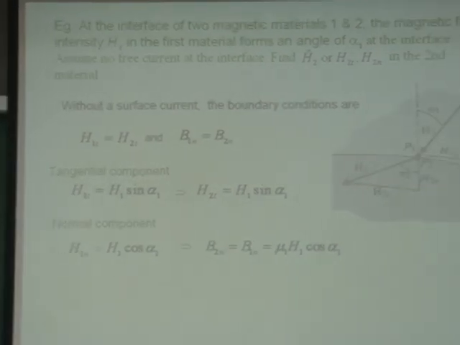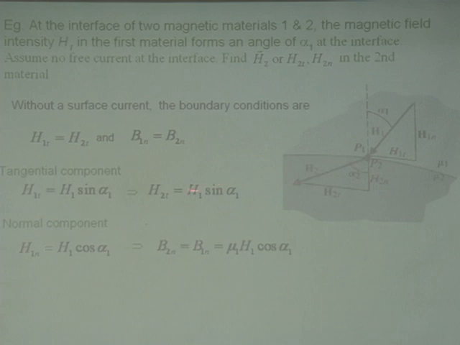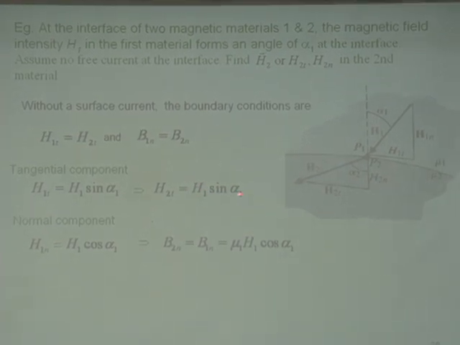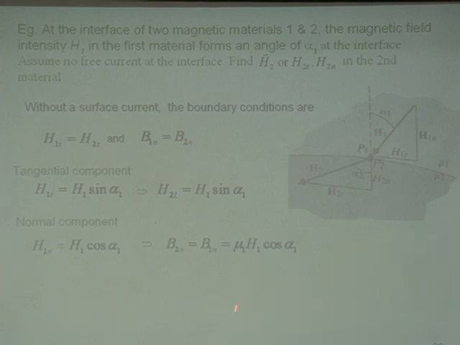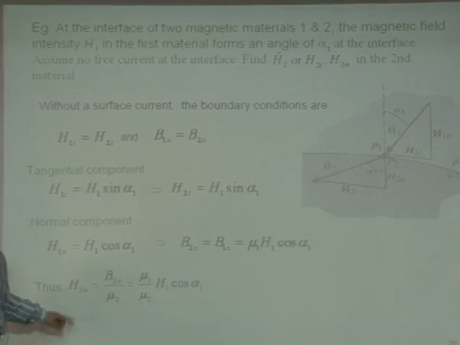So the tangential direction is sine alpha 1, and the normal direction is cosine alpha 1 times H1. Okay, and then you multiply it with mu 1 to get B1n. But according to this boundary condition, B1n equals B2n. So you do a division, B2n divided by mu 2, to get the H2n.